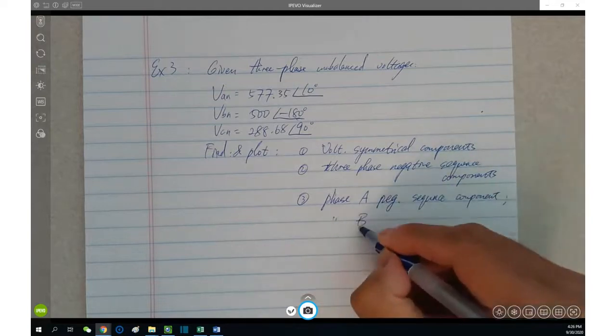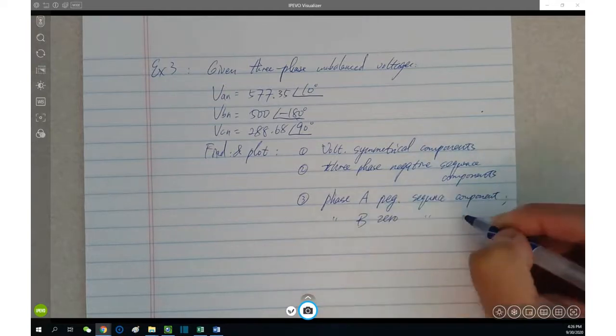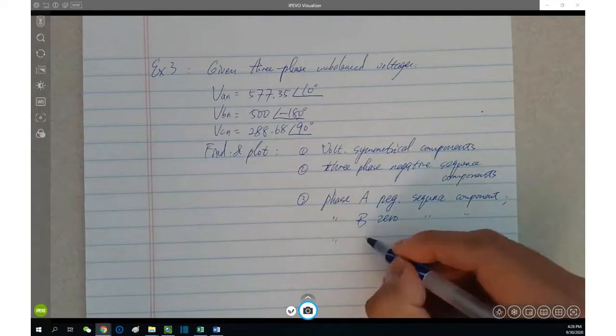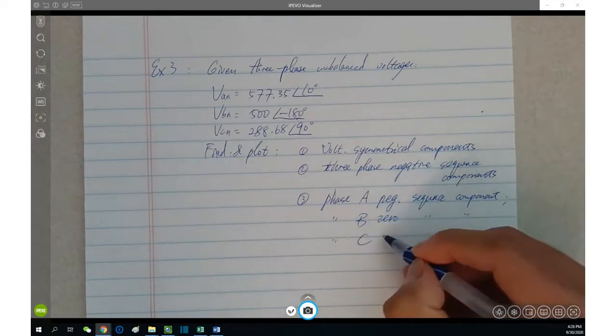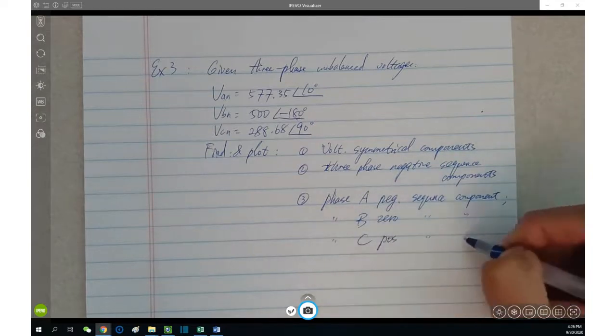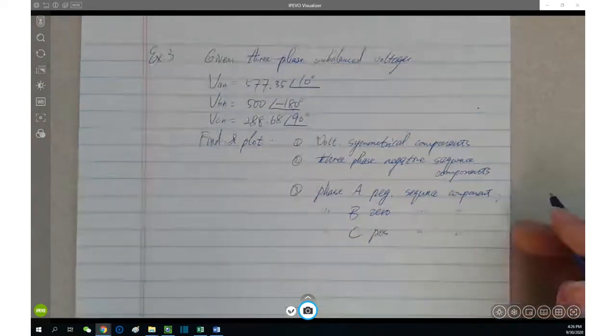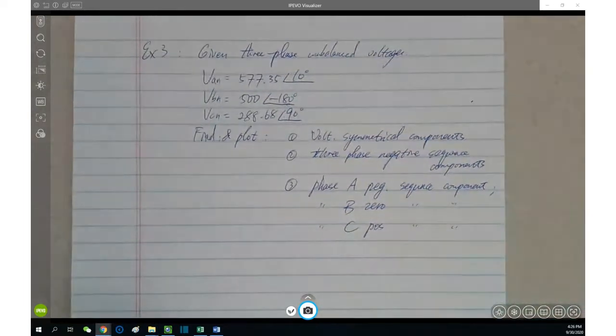Phase B, zero sequence component. And phase C, positive sequence component. Of course, this time I'm going to make sure I'm not copying the wrong numbers here. But anyways, you guys have about 10 minutes from now on. Go ahead.